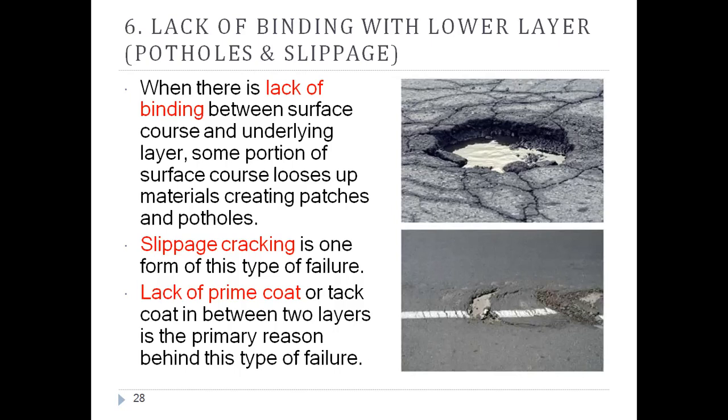The topmost layer which we see here cannot have the binding properties beneath the surface, so the binding between the surface course and the underlying layer which we provided on the subgrade or subbase cannot be attached properly on this certain path, so the patches can be formed and the surface course loses material, creating these patches and producing the potholes.